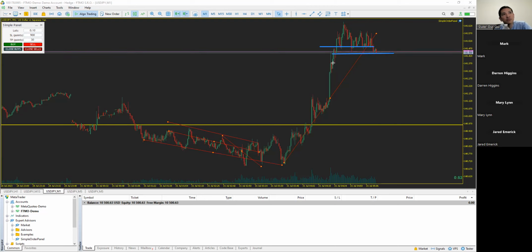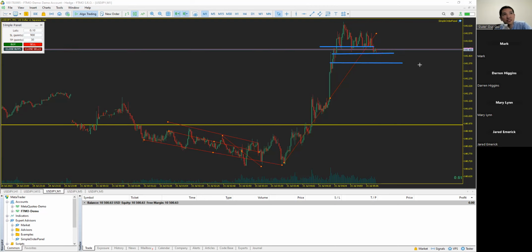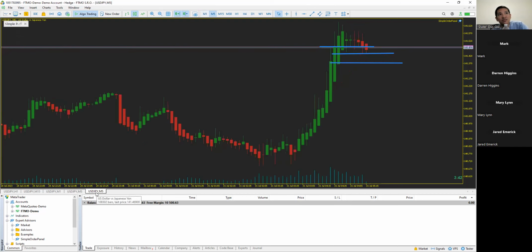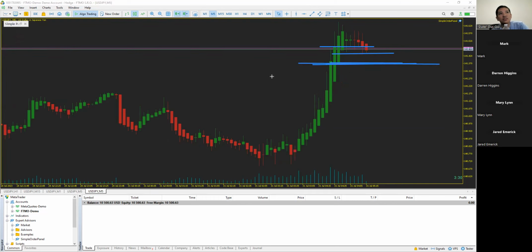And when this level breaks, it'll go to the next one, like this. You see how it's wicking? It's just having a hard time going down. See that? On the 5, though, it's starting to go down. It has not turned the market until right here.